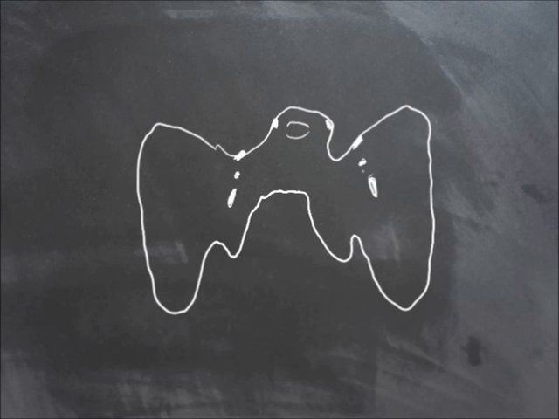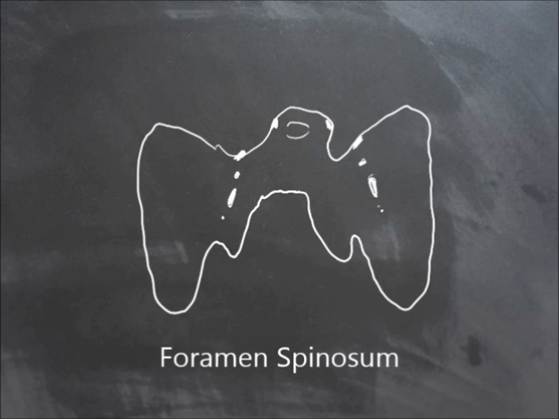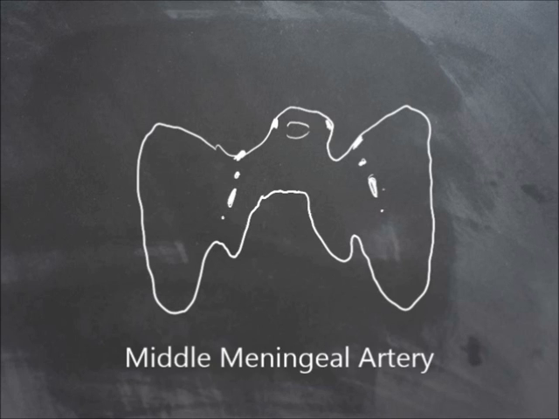Then we have foramen rotundum, and that's for the maxillary nerve. And then we have foramen ovale, which is for the mandibular nerve. The next one is a small little foramen called foramen spinosum, and that is not for a nerve, it's for an artery. It's for the middle meningeal artery.